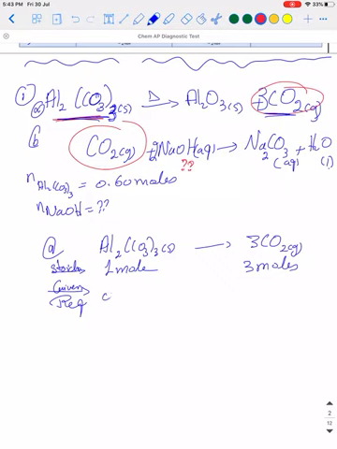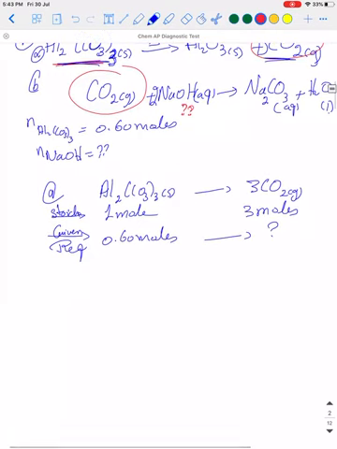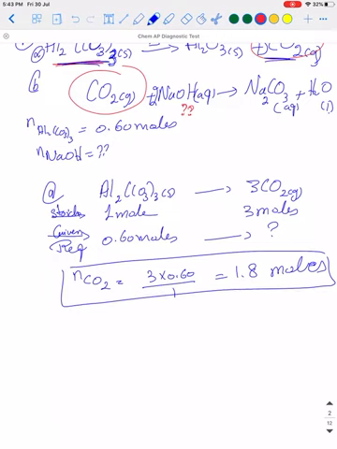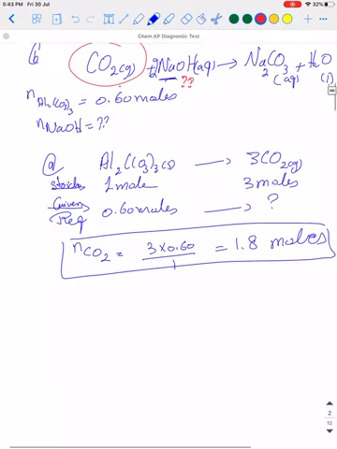So if I have 0.6 moles, how many moles of carbon dioxide does it correspond to? By cross multiplying, the number of moles of carbon dioxide will be 3 times 0.6 over 1, which is 1.8 moles. Like this, I found the number of moles of carbon dioxide that I can now relate to sodium hydroxide to find the requirement.